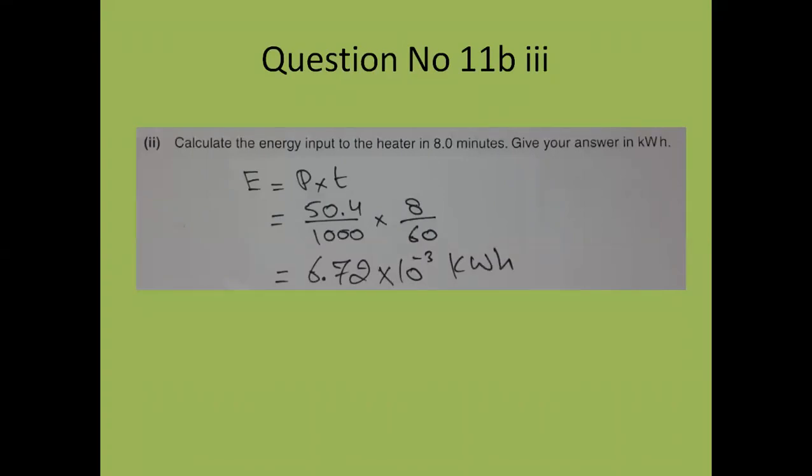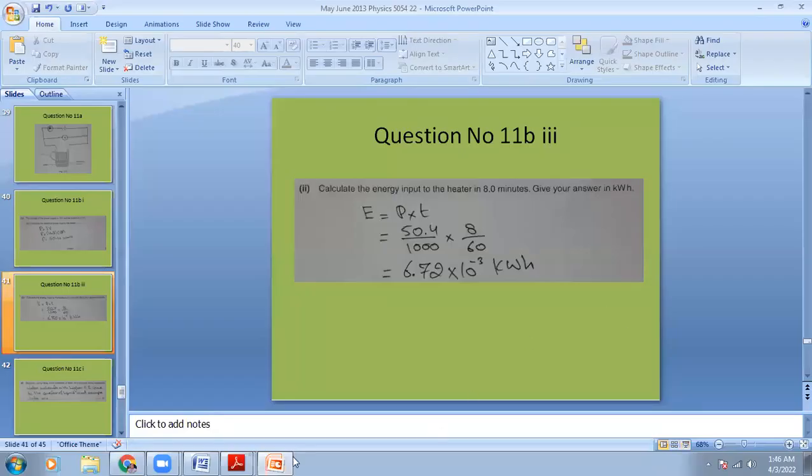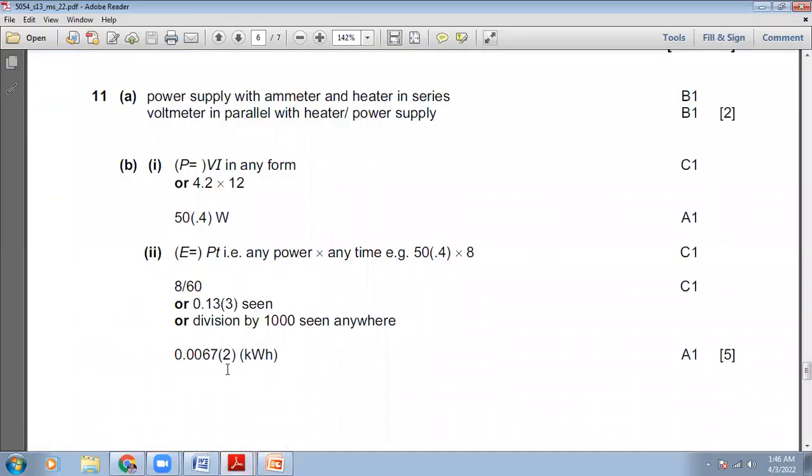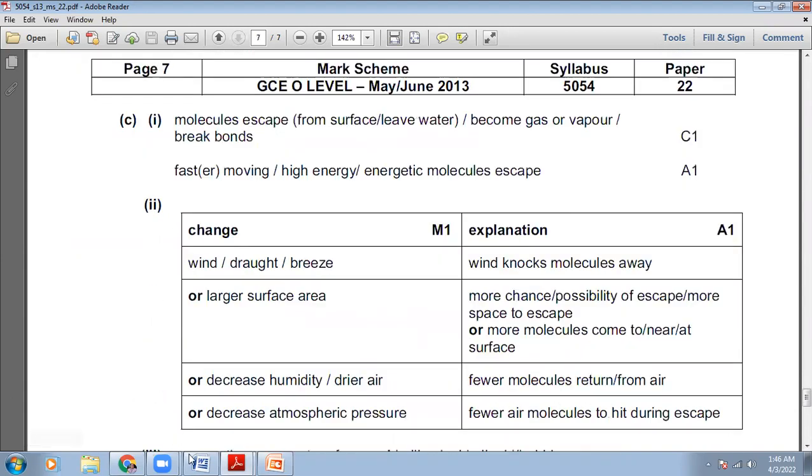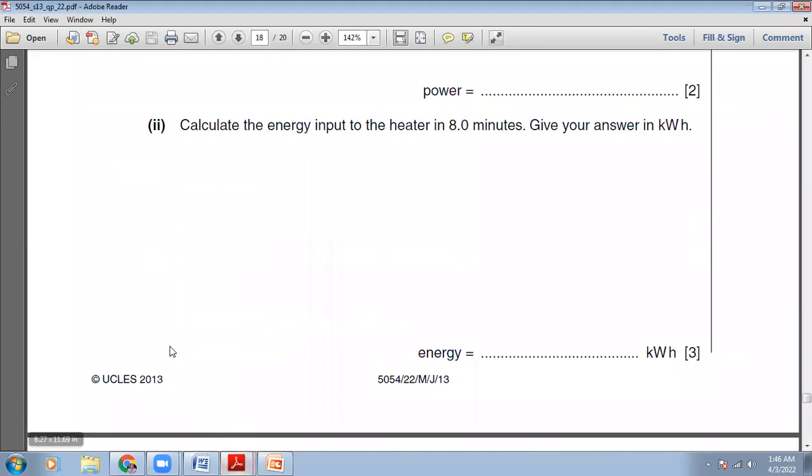So 50.4 divided by 1000 multiplied by 8 divided by 60, and you will get the answer 6.72 × 10^-3 kilowatt hour. Okay, so let's have a look at the marking. Yes, our answer is right. Okay, so let's move to the next part.